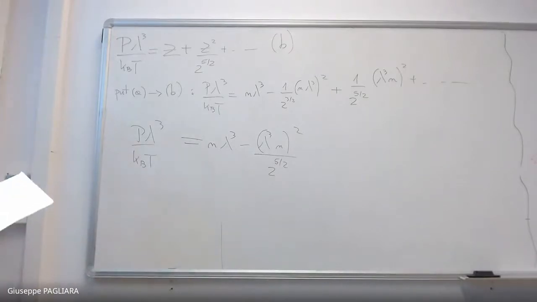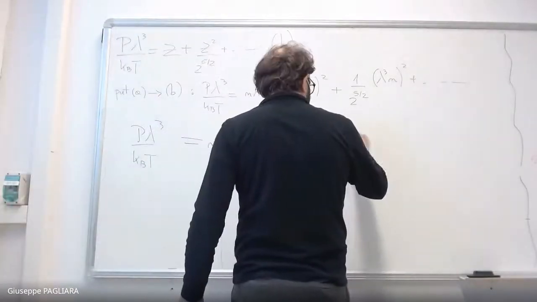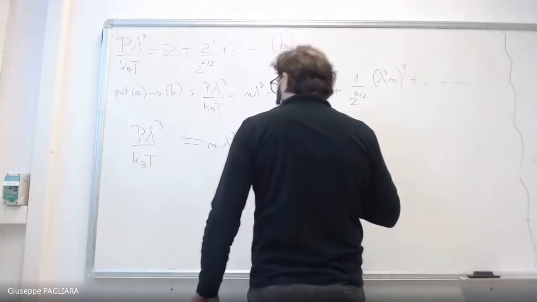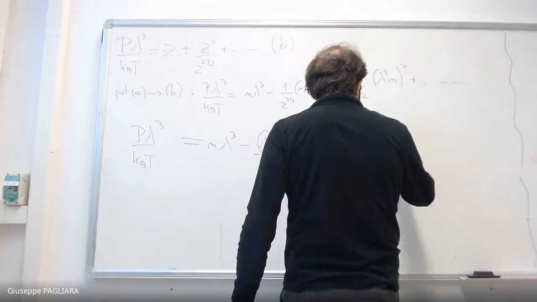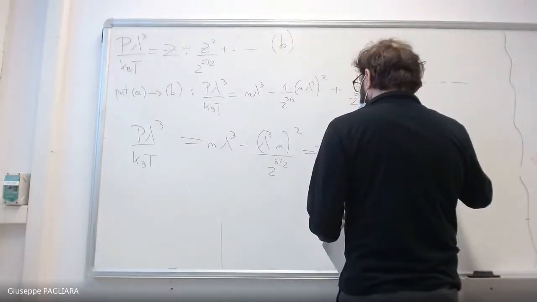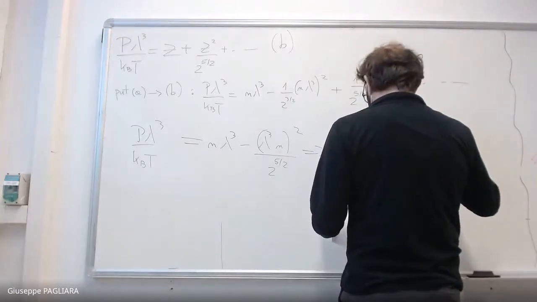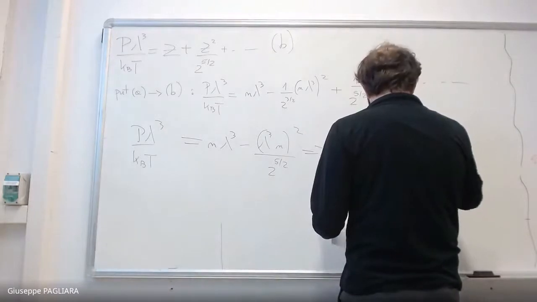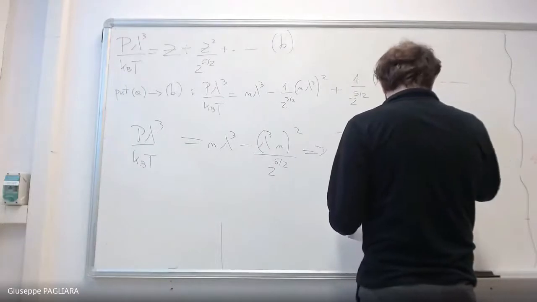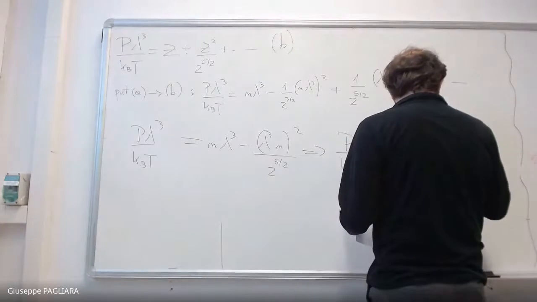Now I can remove a lambda cubed from here, and P divided by KBT is equal to n minus n squared lambda cubed, and here I have 2 to the power of 5 half.